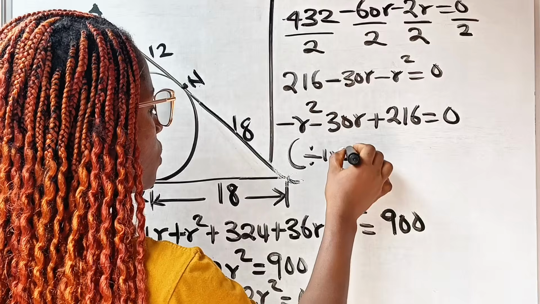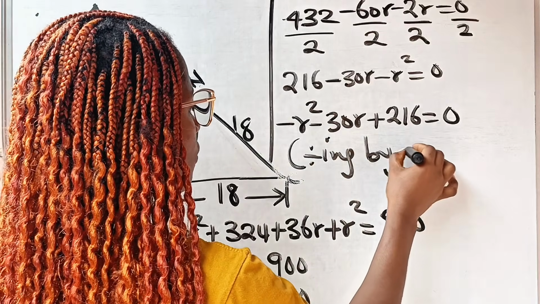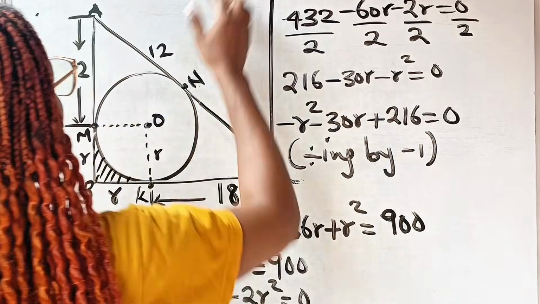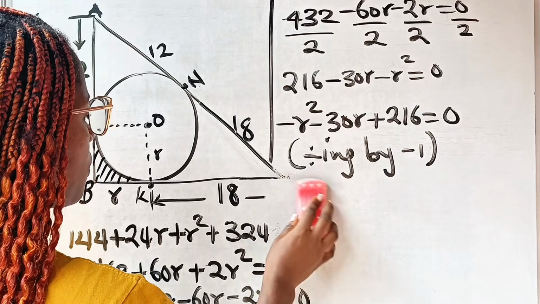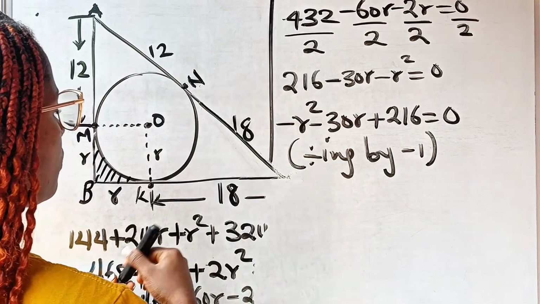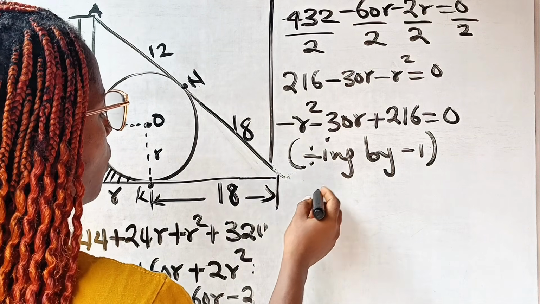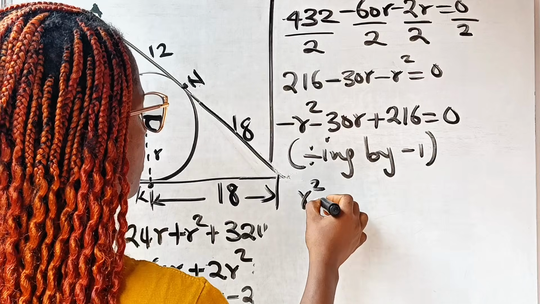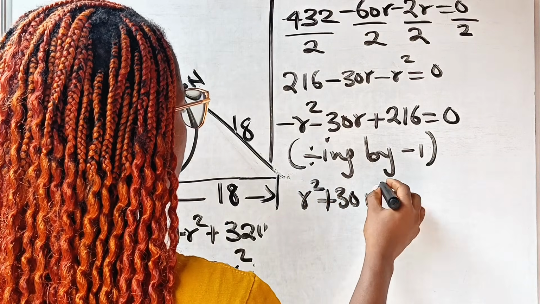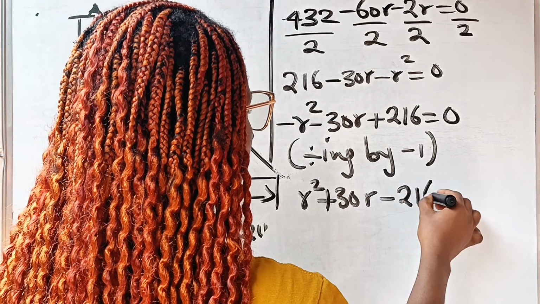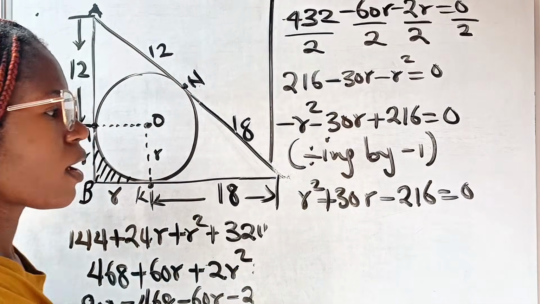So dividing through by -1, if we do that, we have r squared plus 30r minus 216 is equal to 0.